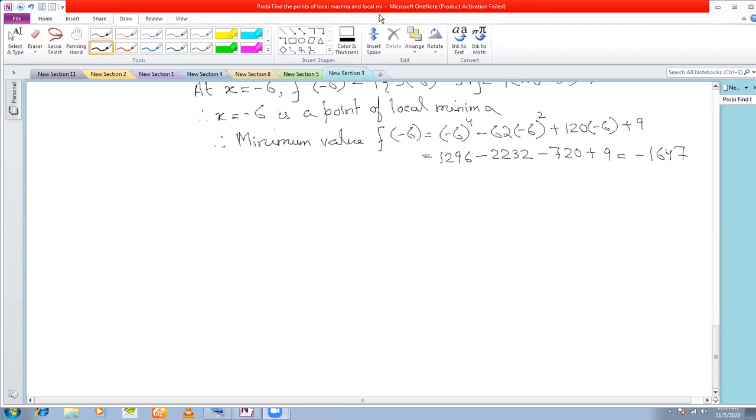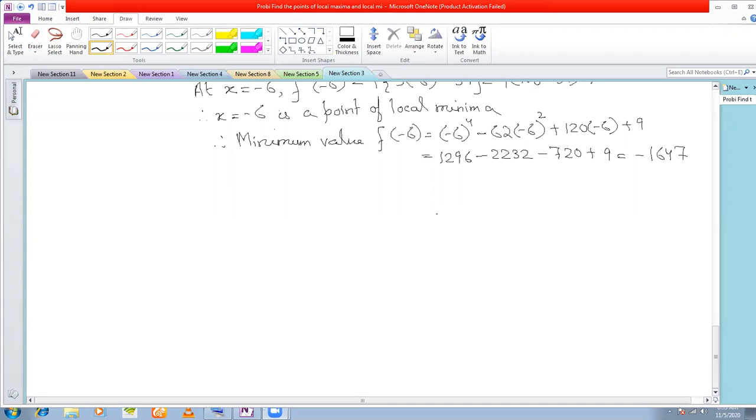See, absolute maximum or minimum value means you're getting various points of maxima in the function, isn't it? Among the local maxima, there is one value that is the maximum of all.